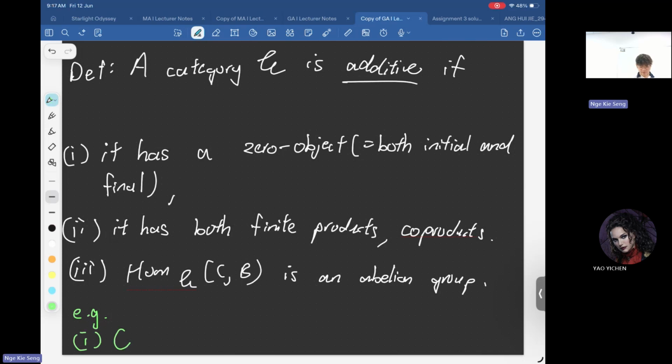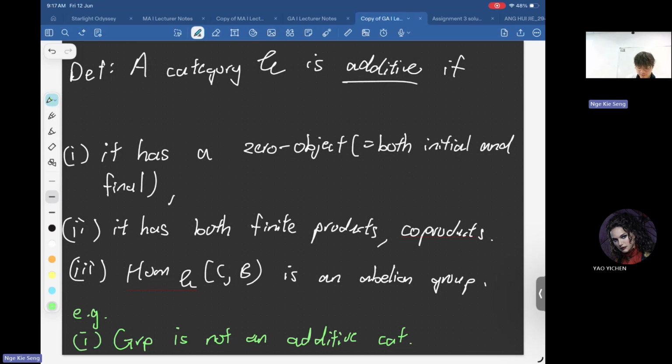For example, group is actually not an additive category. Why? Which rule does it violate? The third one.